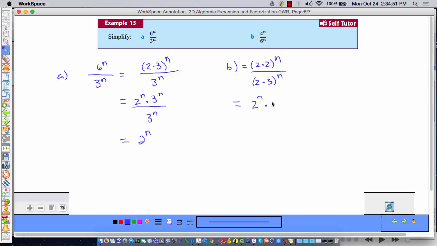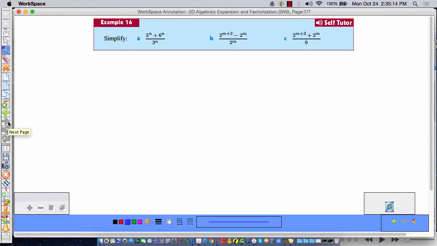Well, that's 2 to the n times 2 to the n over 2 to the n times 3 to the n. This goes away. Same thing over the same thing is equal to 1. So I'm left with 2 to the n over 3 to the n, which is equivalent to 2/3 to the n power. Okay.